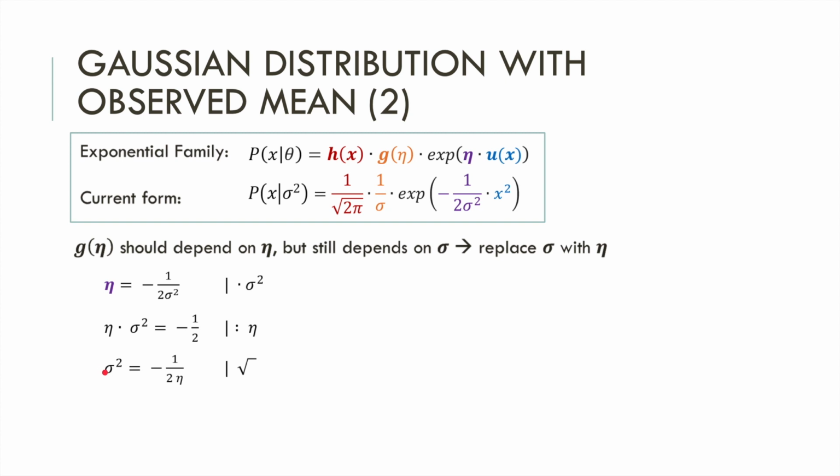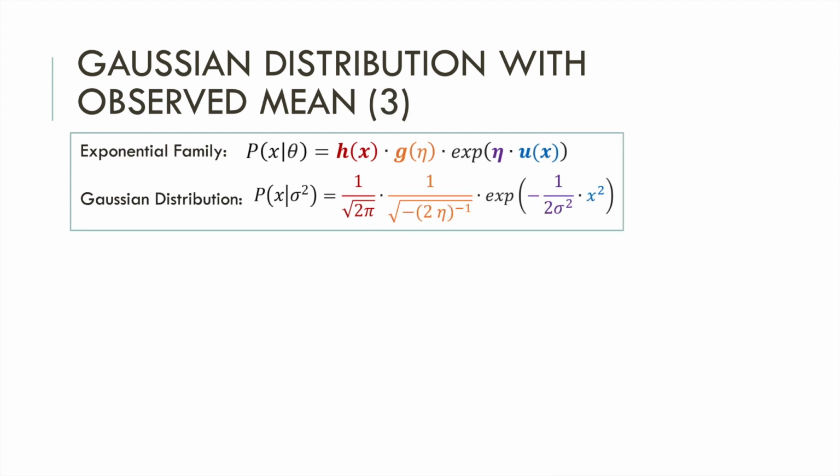So here we take the root, and we rewrite the root of negative 1 over 2 eta by writing the root of negative 2 eta to the power of negative 1. Now we have sigma. So since we now have sigma, we can plug sigma into this function here. So 1 over this. And now our g of eta depends on eta.